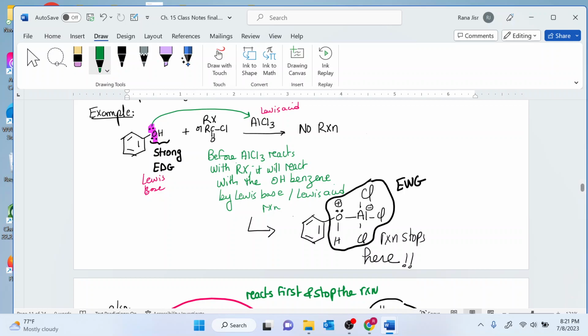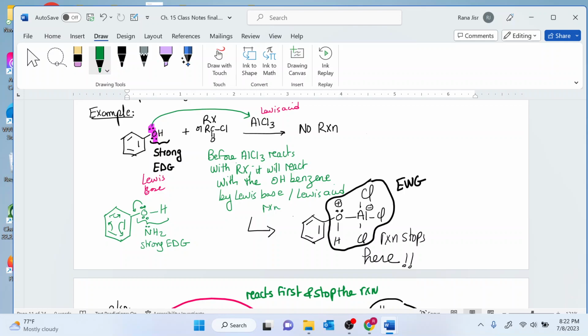We said that whenever you have a group on the benzene that has lone pairs, then this group is going to donate electrons to the benzene, and the donation of electrons is going to be by resonance. So OH and NH2, both of these are strong electron donating groups.